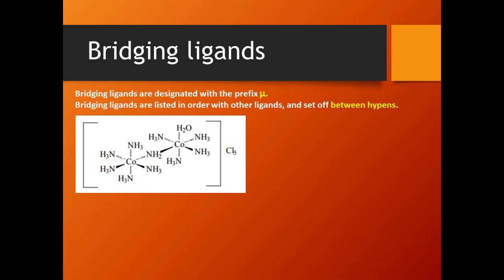Now we are going to use our previous rules along with this new bridging ligand rule. The name of this complex is pentaammine cobalt(III). The first cobalt carries 5 ammonia, therefore the name is pentaammine cobalt. The oxidation state is 3.